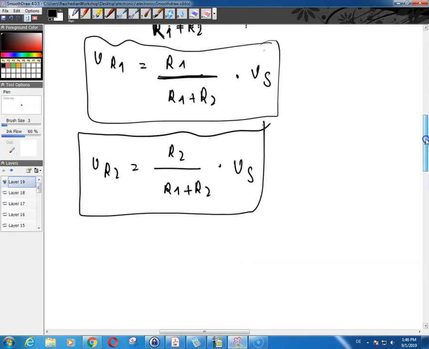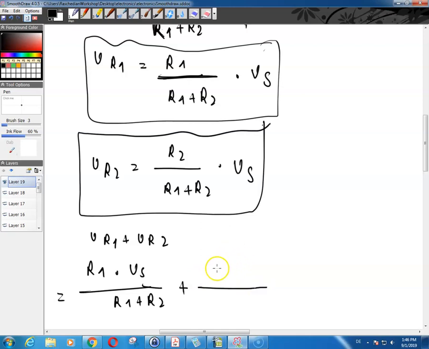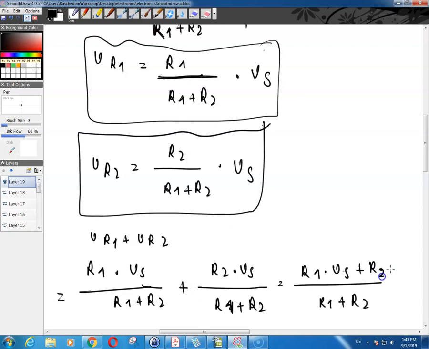And then if you add these two together, V of R1 plus V of R2, what you will get is R1 times V of S over R1 plus R2 plus R2 times V of S over R1 plus R2, which is equal to R1 times V of S plus R2 times V of S, all over R1 plus R2.